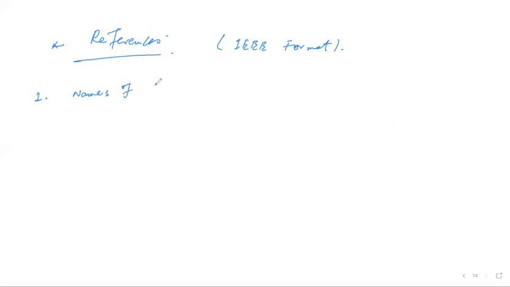And onward we have the last thing, that is the references. Remember, references should be written in IEEE format. First you have to write the names of authors. Then onward, you have to add the paper title.